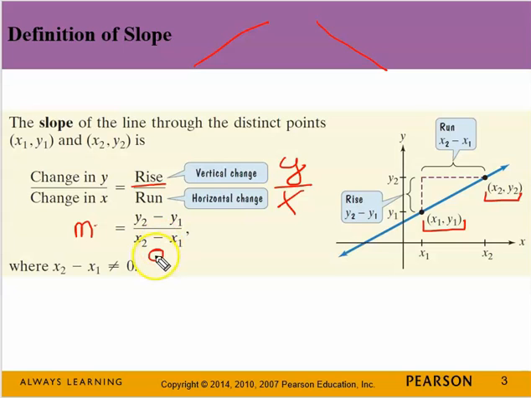Anytime your denominator is 0, and we do have that when we graph a vertical line, we say that slope is undefined. Okay, now I'm including this diagram in your booklet so you'll see what it looks like. But again, you're taking notes. All right, let's go on.